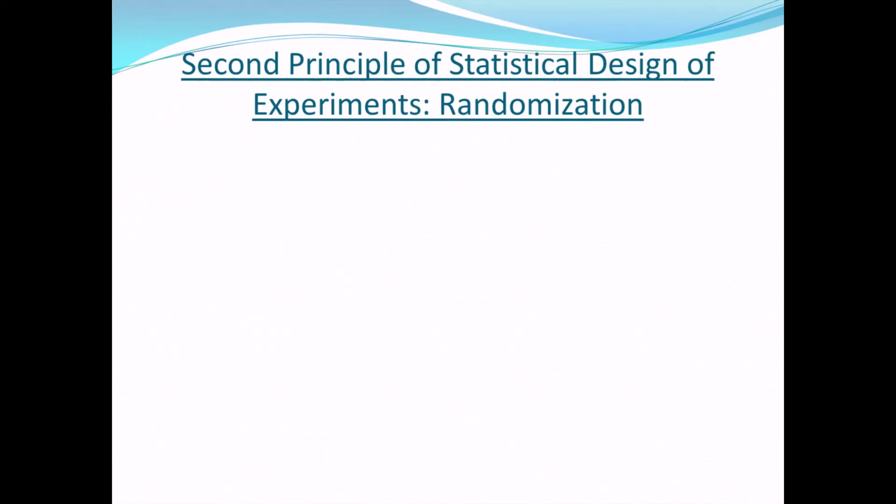So we did touch on this on Friday. This is the second principle of statistical design of experiments, randomization. Before I even put anything up, just picture this. You've got 40 individuals, and the experiment is to try out a new kind of running shoe to see if it increases running speed.